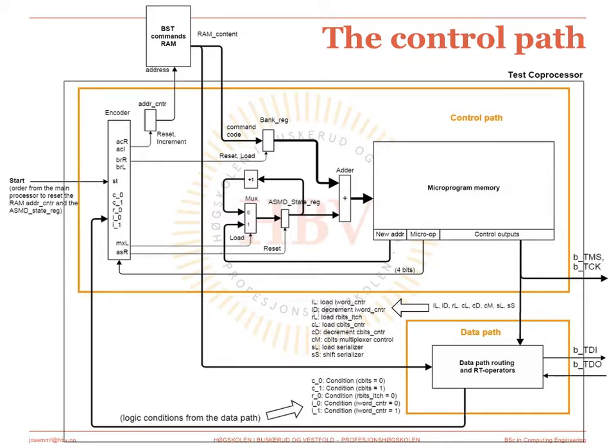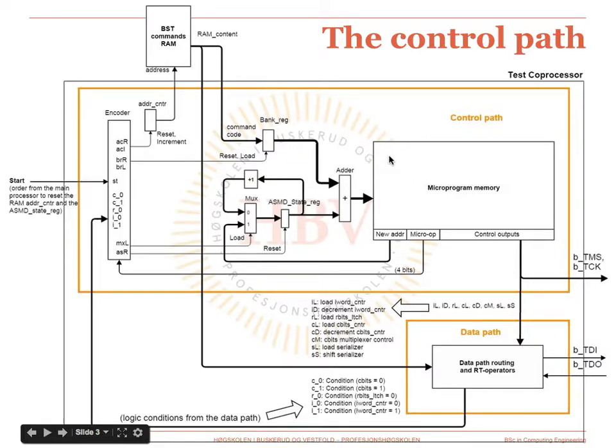This is the proposed architecture for our microprogrammed control path. The basic idea consists of having a microprogram memory that contains as many sections as the number of test commands that are to be supported. Each section will start in an address that corresponds to the test command opcode.